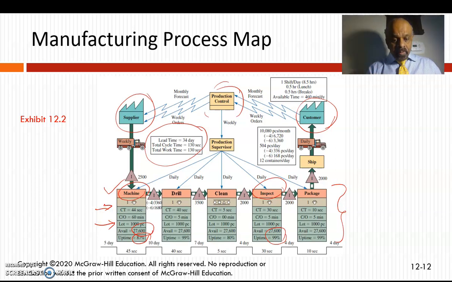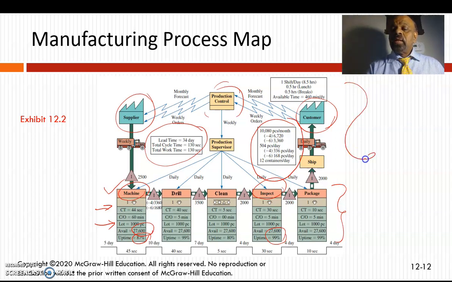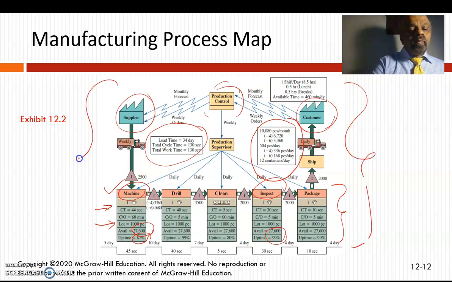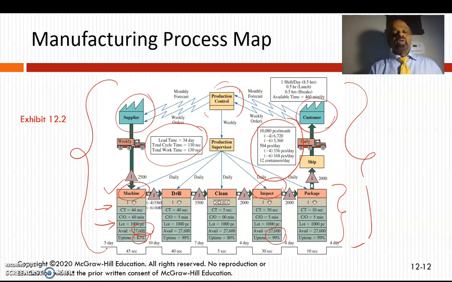Everything is given here. This also shows how many pieces per month are being produced, how many pieces per day, and how many containers per day are being shipped. This gives you the entire picture of how manufacturing or production is done in this company, a snapshot of everything.